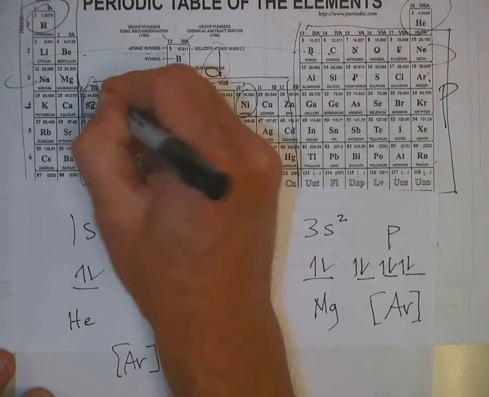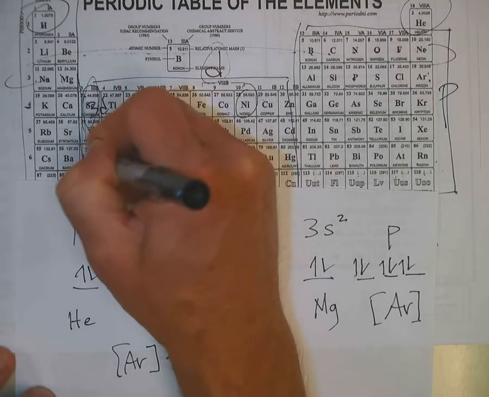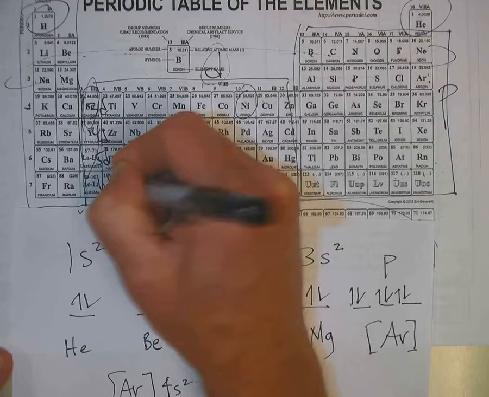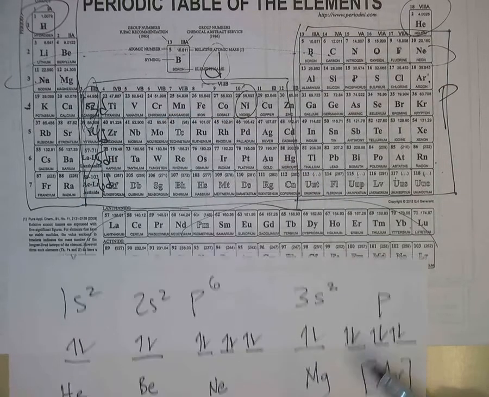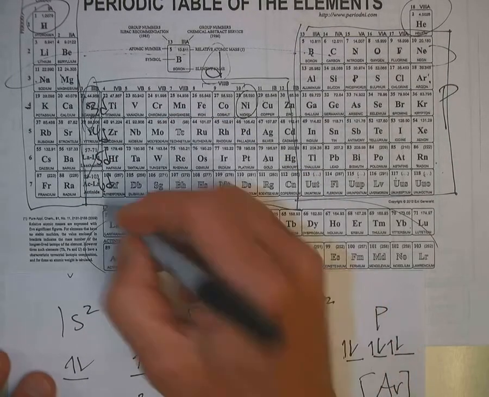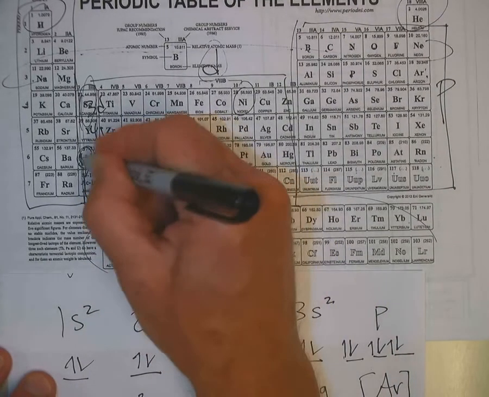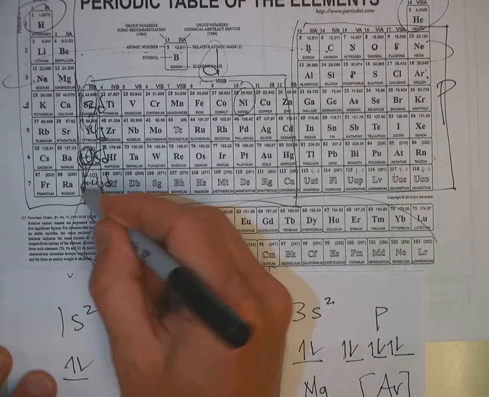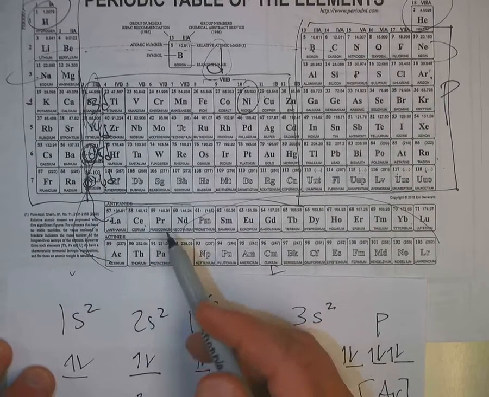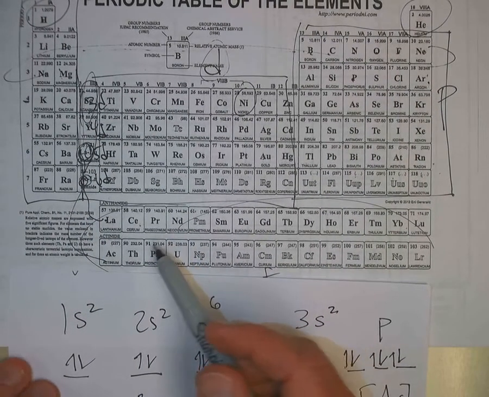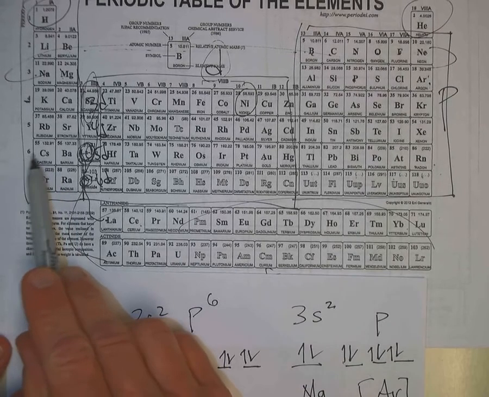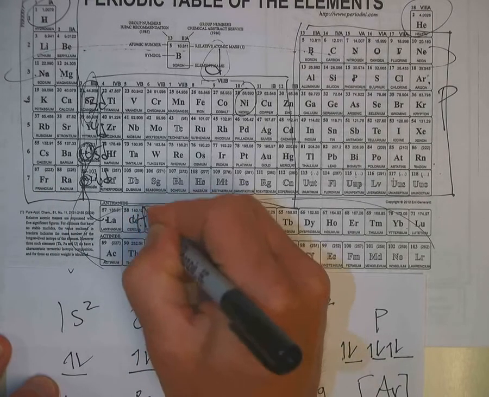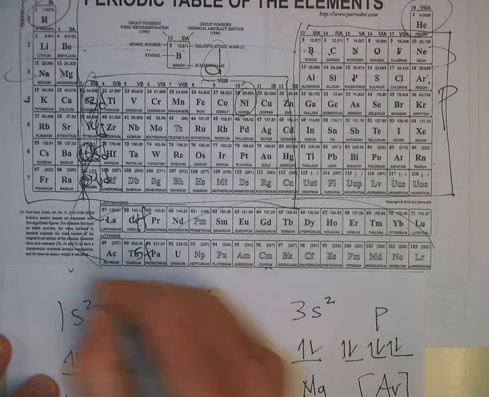So this is the 3d, the 4d, the 5d, and the 6d. And not surprisingly, there are some exceptions down here for the f's as well. Even though the f's fit right in here, they're 2 energy levels less than their period number. So this is actually the 4f's, and this is the 5f's right here.